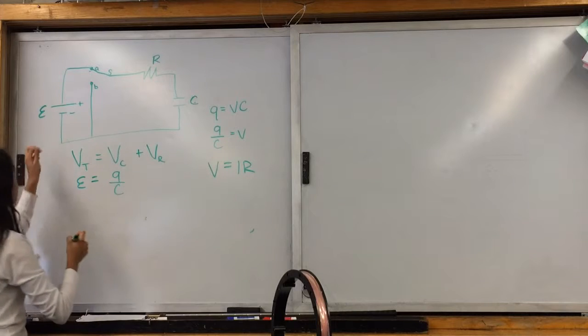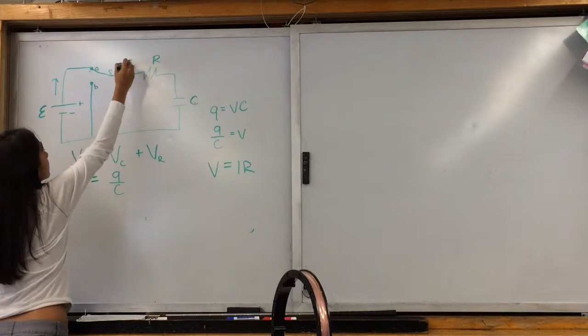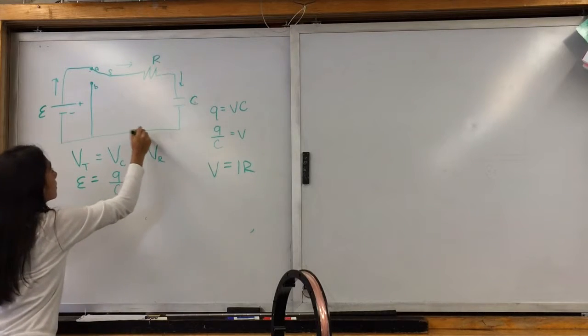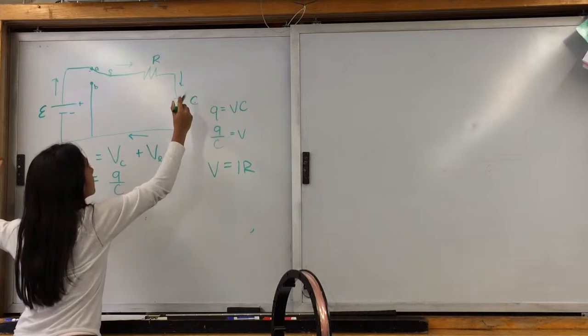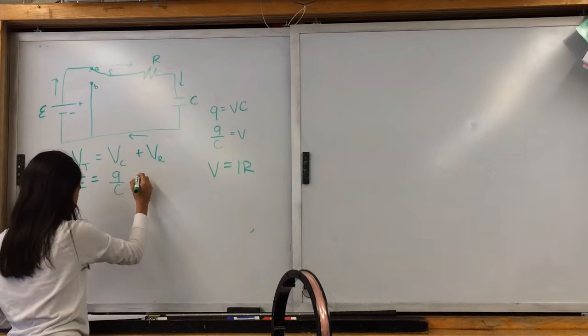Since the current is going this way and then this way, going down, the current is going to be negative.